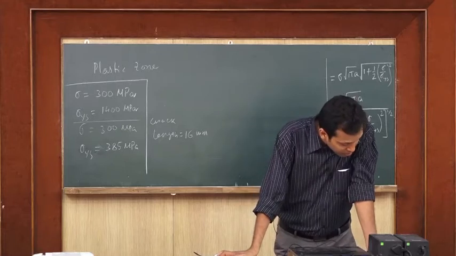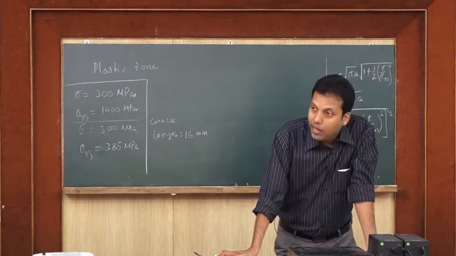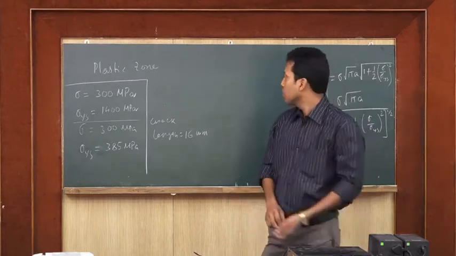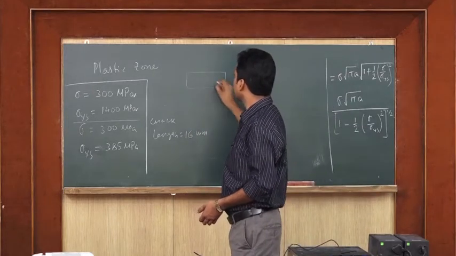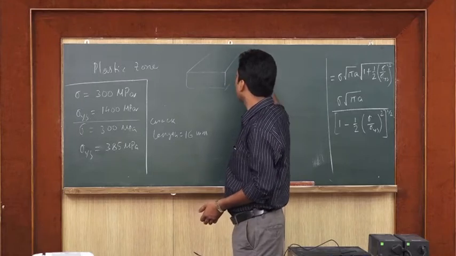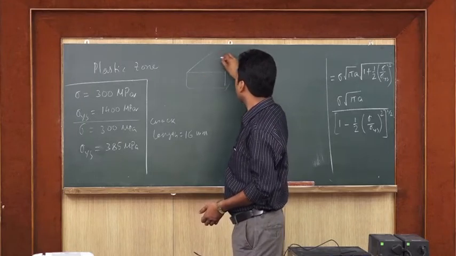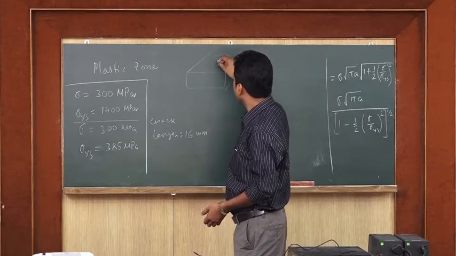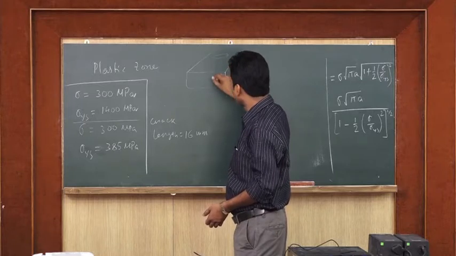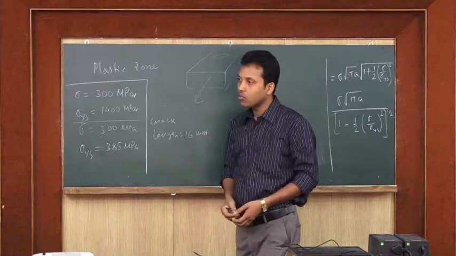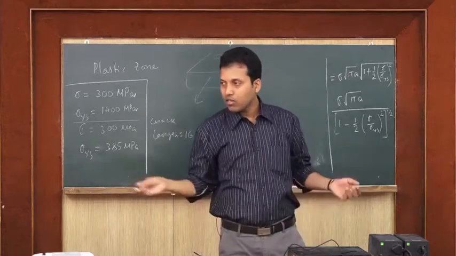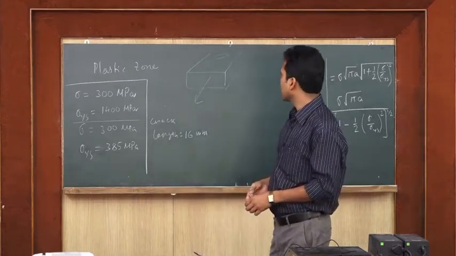Stress of this much MPa, normal to the crack plane. Okay. So, say this is the body on which you have the crack and it is a through thickness crack, then you have loaded it, and the stress is normal to the crack. Okay, that way the problem is given in the book.